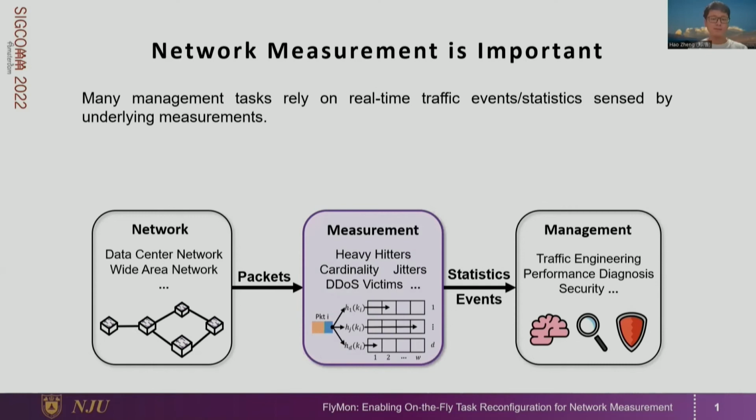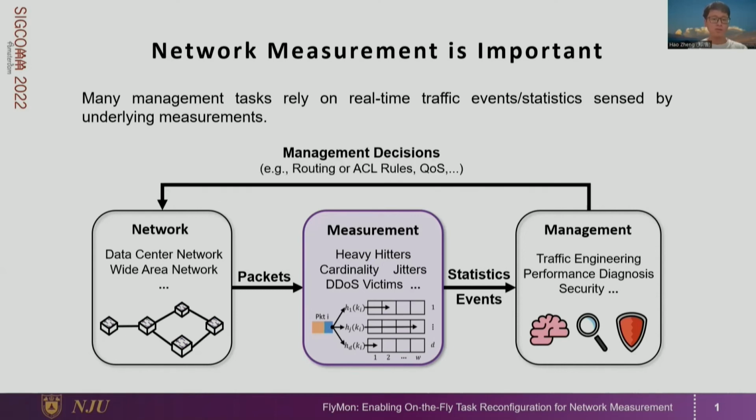Most of these tasks rely on real-time measurements of underlying network traffic. For example, heavy hitter detection is important for traffic engineering and anomaly detection. According to the monitored statistics or events, operators then make management decisions to address congestions or anomalies.